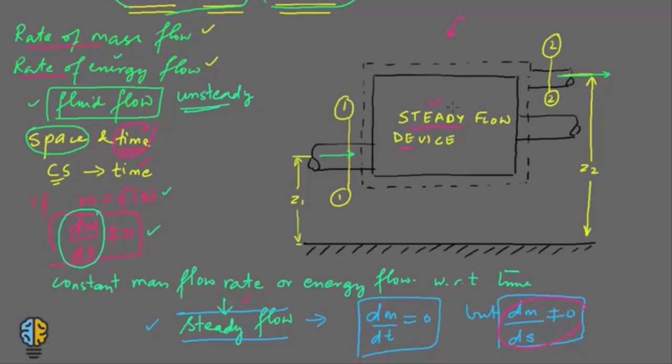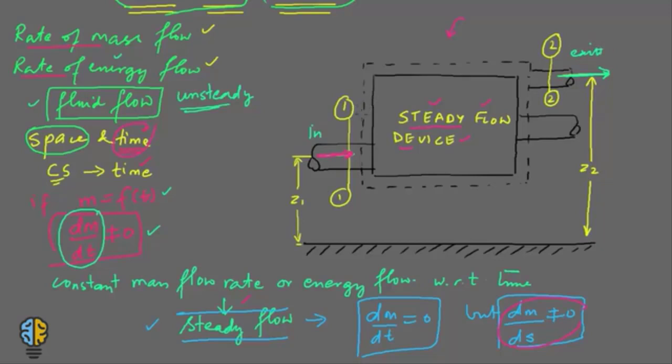In this figure, one stream of fluid enters the device at the inlet, and it comes out through the other end of the control volume, which is the exit or the outlet.